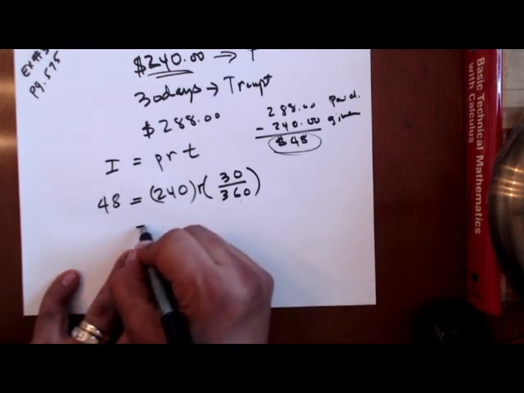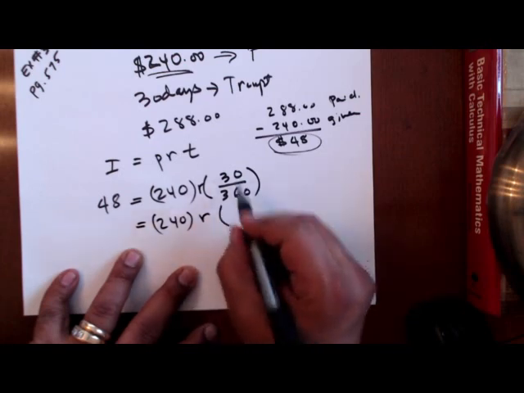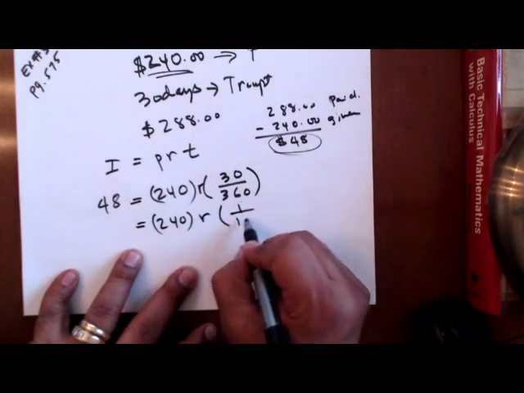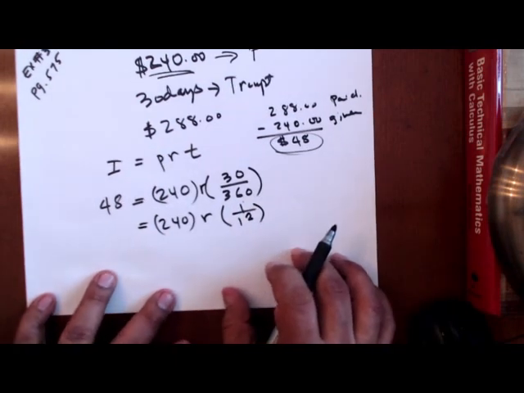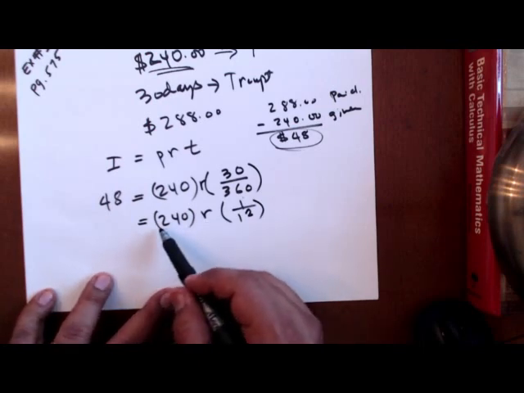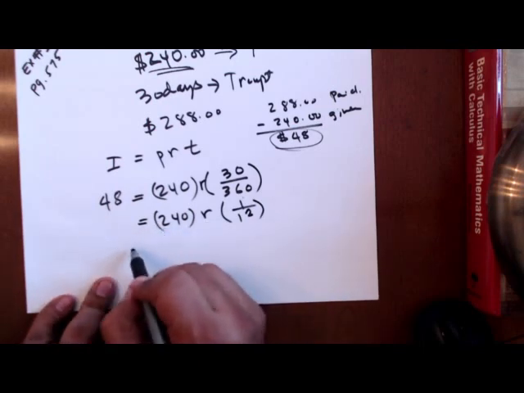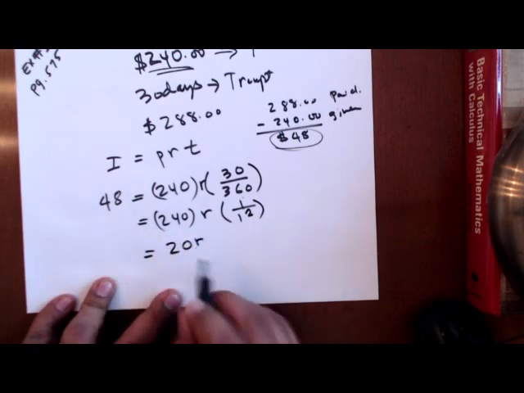So we start to solve it. We have 240, right? We have the time. This will be 1 over 12, right? And now we need to solve this here. We have 48 is equal to 20R, right?